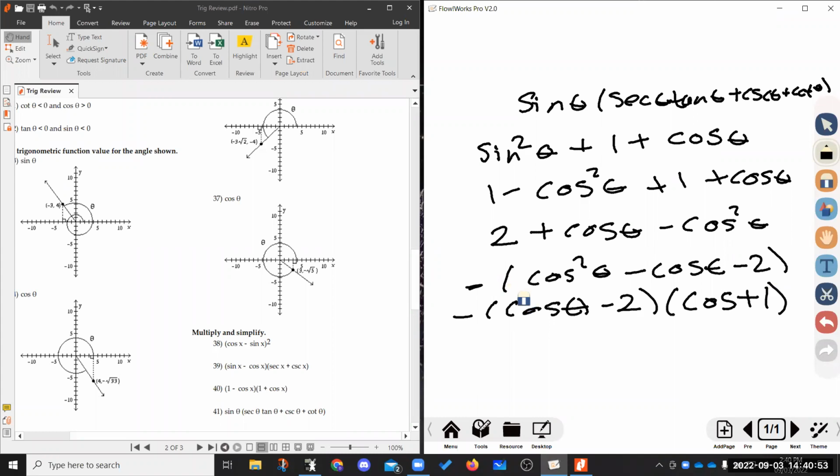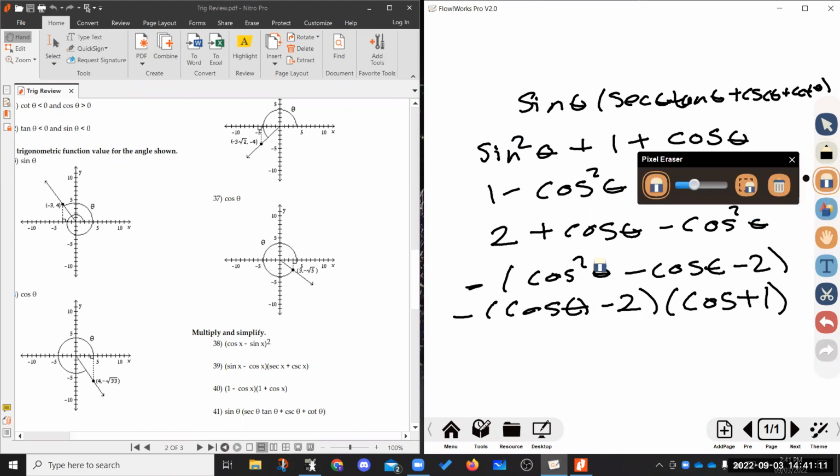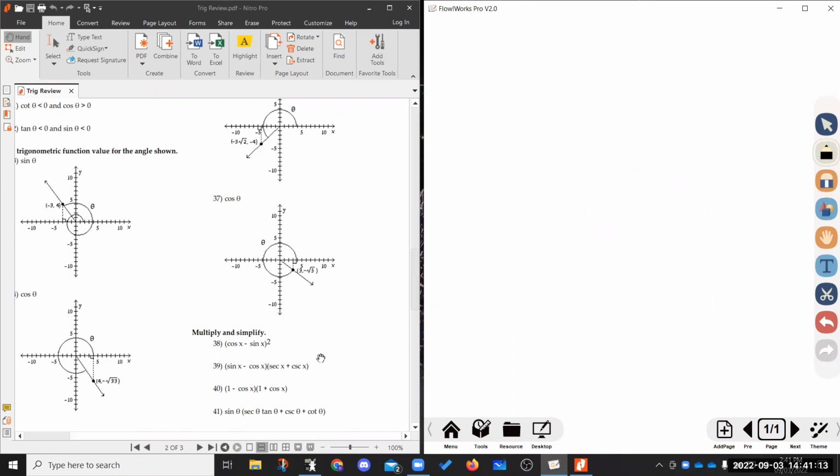So that's why I'm trying to simplify these things most of the time. None of these answers here so far are wrong, but we don't like mixtures of sines and cosines if we can help it. So get it all into factored form if you can.